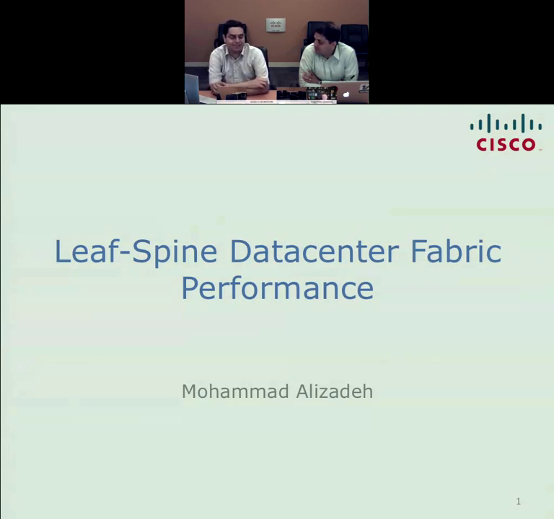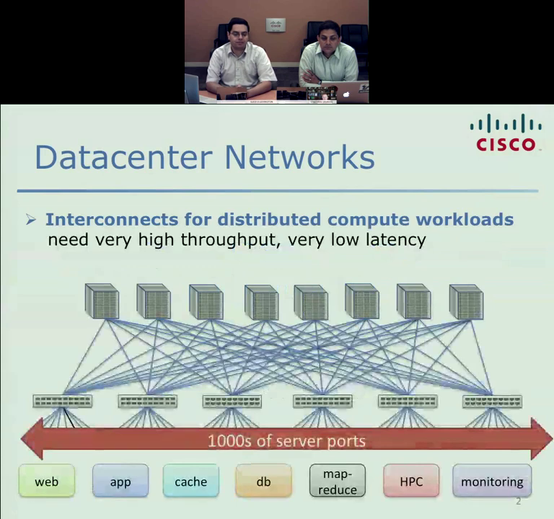So I want to talk today a little bit about some of the work that we've recently been doing on characterizing the performance of leaf spine data center fabrics. And just to set the context for this conversation, I want to begin with a simple observation that today's data center networks are really interconnects for distributed compute workloads.